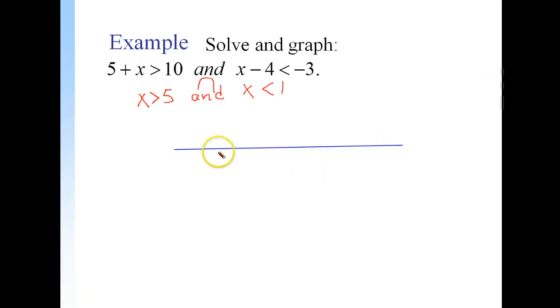Well, the numbers that we're interested in are a 5 over here and a 1 over here. So we're saying that x is less than 1. So this is going to go this way, and the arrow is that way. And we're saying here that x is greater than 5. So a parenthesis this way. And we see there is no intersection, that they are disjoint.